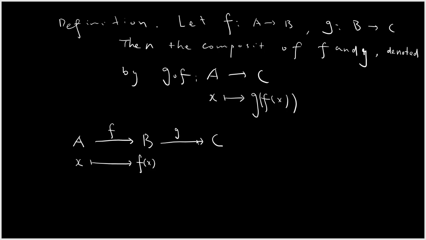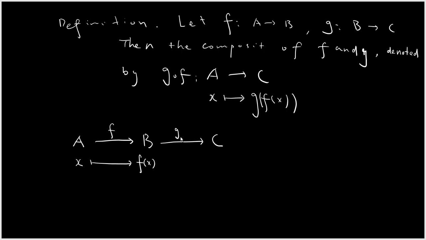F of x is the notation for the output for the input of x in A, right? Because f of x is a member in B, for any member in B you can apply G to get the output of f of x.